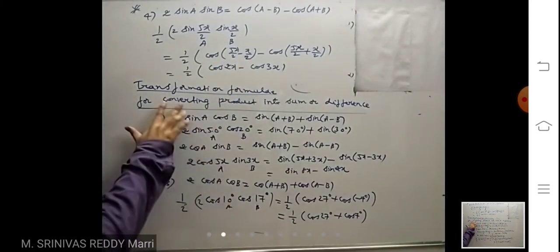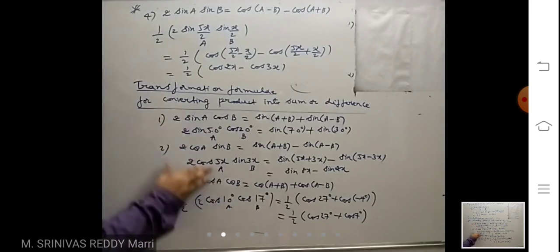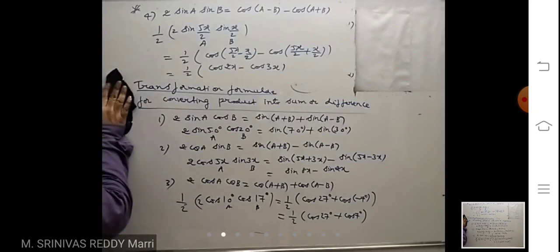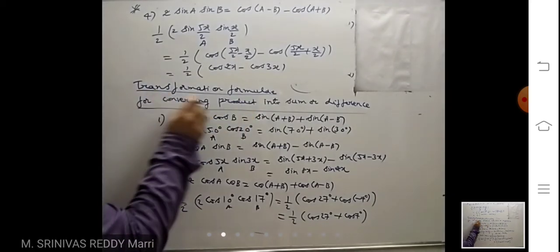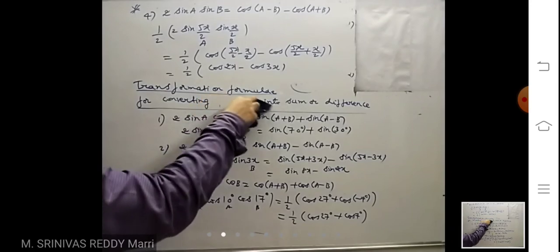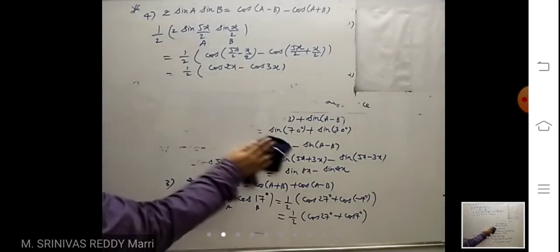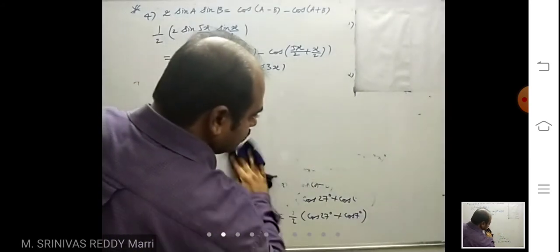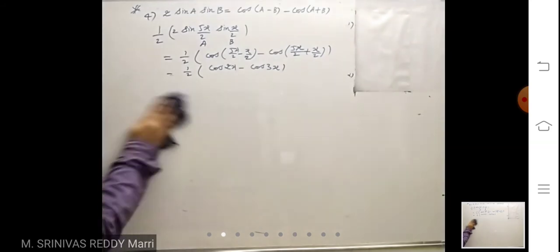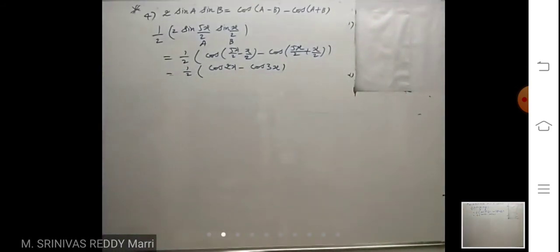Like that, these four formulae must be remembered. Whenever it is of this form, four forms, you can convert into either sum or difference. These are called transformation formulae for converting product into sum or difference. Now look at next set of formulae, where sum will be given and you have to convert into product.